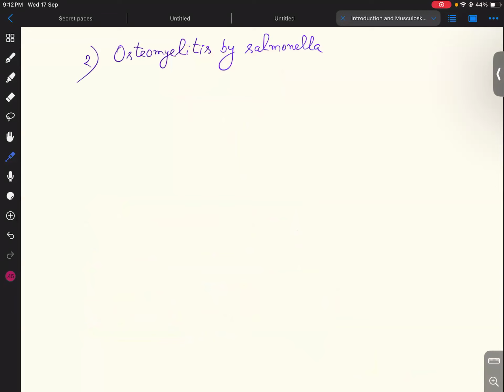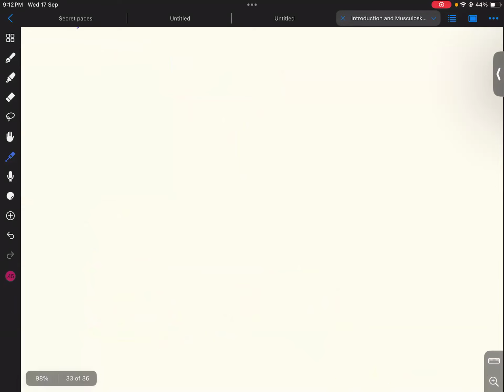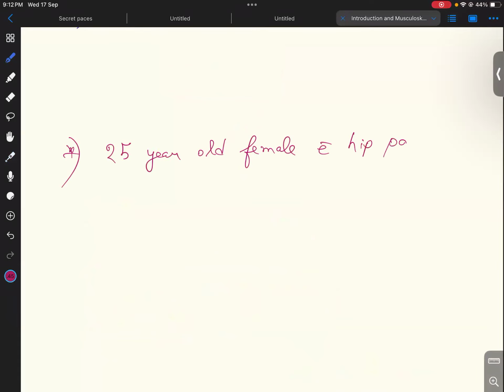Suppose a case has come, a 25-year-old female with hip pain. In the past medical history, she is telling that she is a patient of renal transplant.